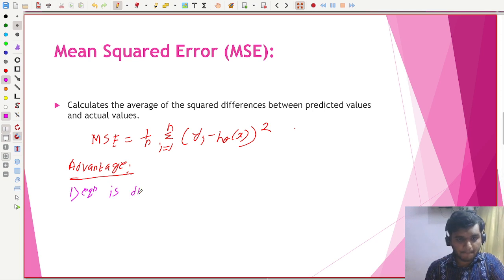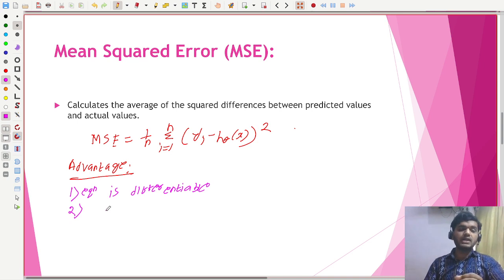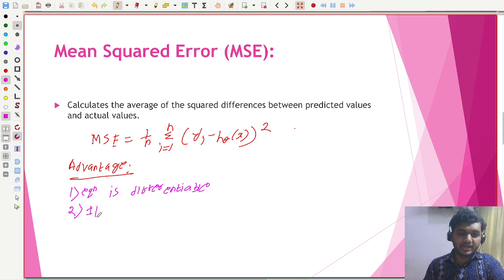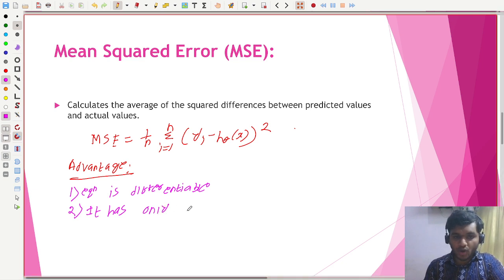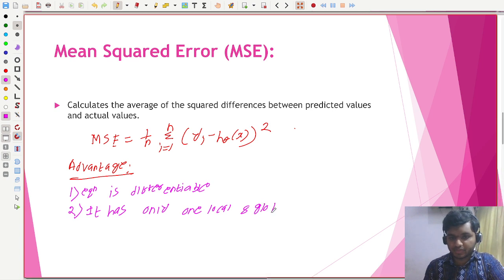And the second advantage is it has only one local and global minima. So how?